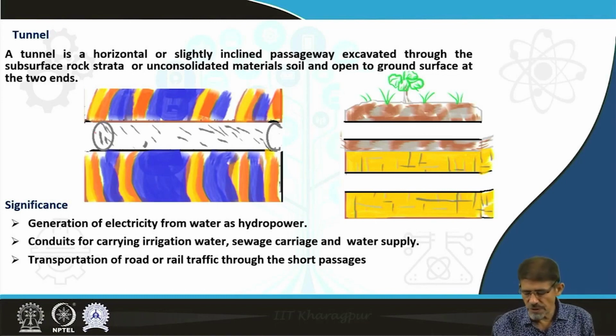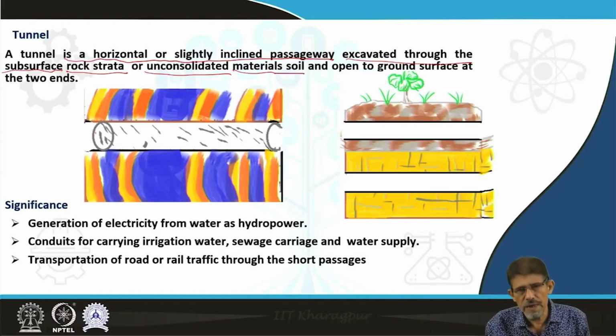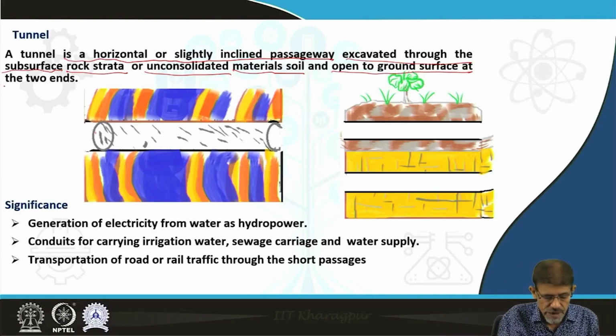Friends, now we are going to elaborate on what a tunnel is. A tunnel is a horizontal or slightly inclined passageway excavated through the subsurface rock strata or unconsolidated material like soil, open to the ground surface at the two ends.